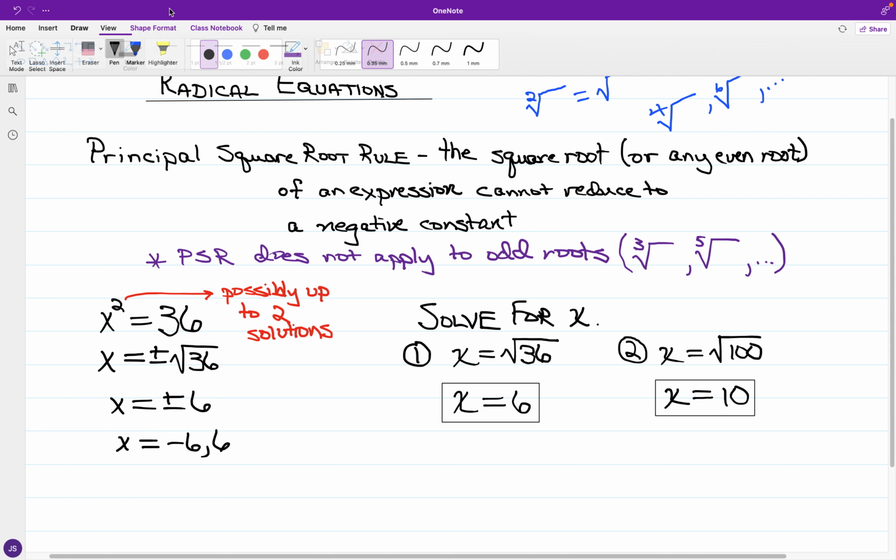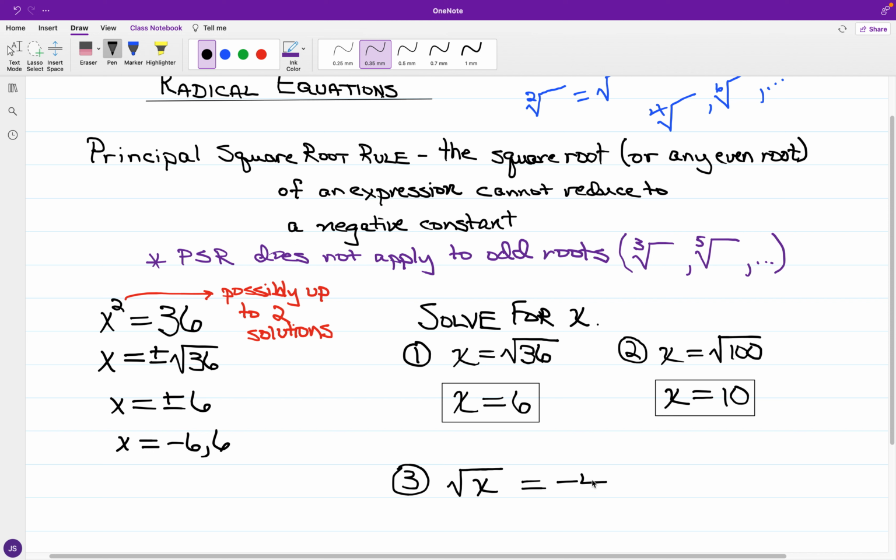Now, stressing the principal square root rule, if I have, let's say, the square root of x is equal to negative 4, notice we have the principal square root rule: the square root or any even root of an expression cannot reduce to a negative constant.